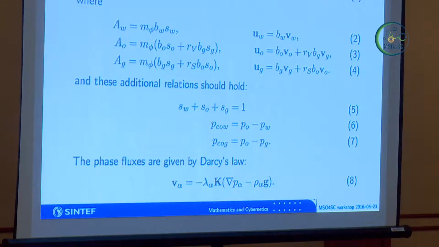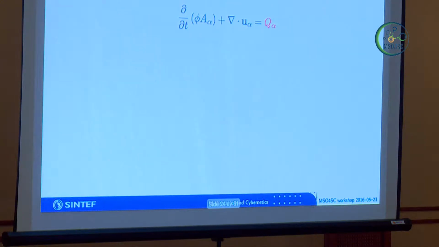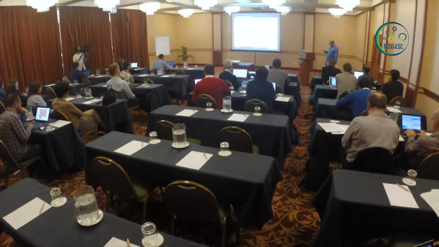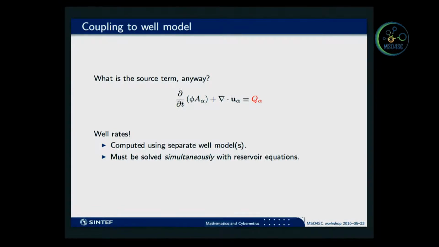And finally, Darcy's law by phase, as you saw on the previous slide. So what is this source term? I didn't say much about that. Those are well rates, usually. So you will couple your reservoir model to a well model.